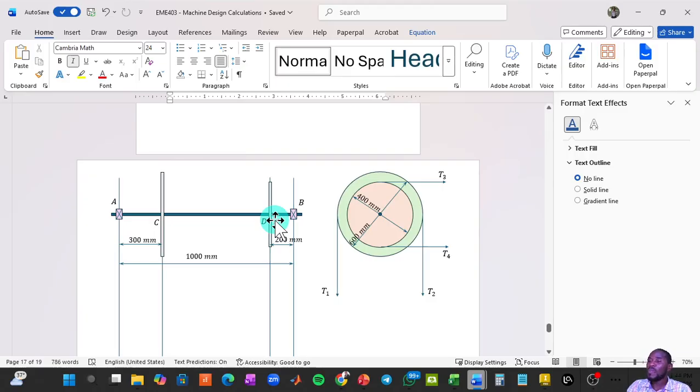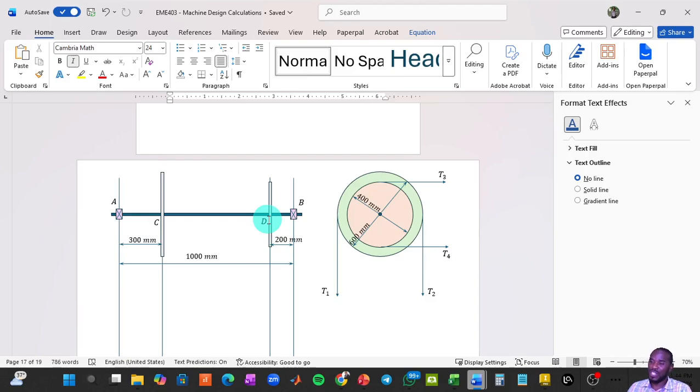Then we will consider the horizontal one, find out the horizontal reactions developed at A and B, and then find the bending moments at C and B in the horizontal direction. We'll be using the subscripts V to represent the vertical direction and H to represent the horizontal direction.